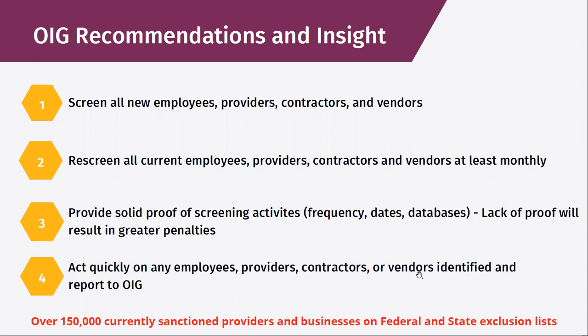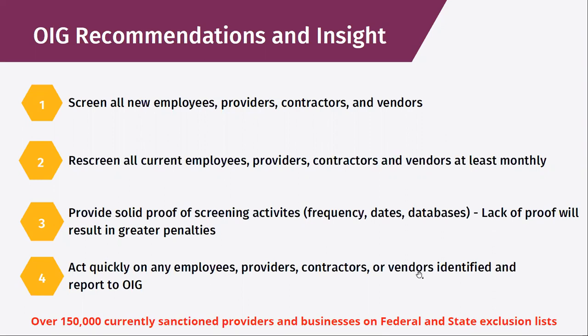So, the recommendations that the OIG has for healthcare organizations, whether they're hospitals, physician practices, home health agencies, skilled nursing units, or any of these: at a minimum, and most likely all of you do this, you will screen all your new employees, providers, contractors, or vendors in the beginning phases just to make sure that you don't have any potential issues.